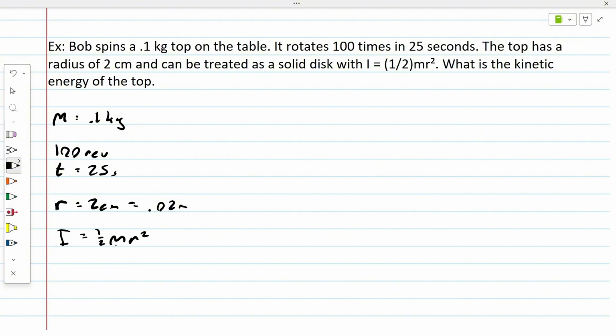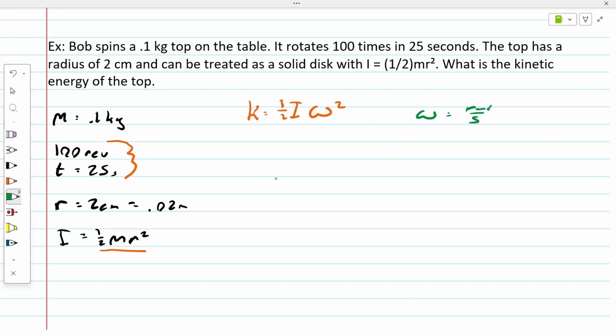If we want to find the kinetic energy, we're going to need the rotational inertia and the angular velocity. This is what our rotational inertia is: we have the mass and the radius, but we need the angular velocity. We can figure that out using these variables, and it's going to be in radians per second.